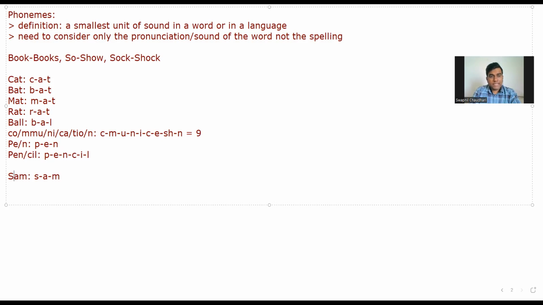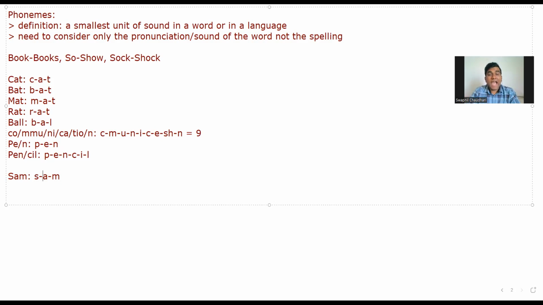Because this "sam", you can break it down. "Sa", "a", "ma". But can you break this down? "Sa", can you make it even smaller? Is there anything that you can separate from this sound? "Sa", no. It is already the base sound.